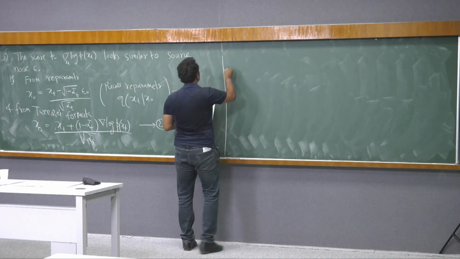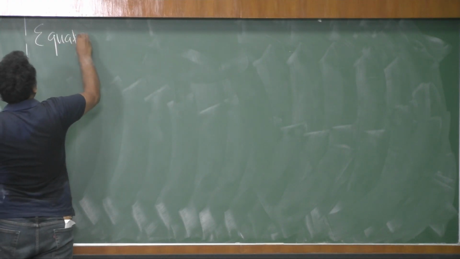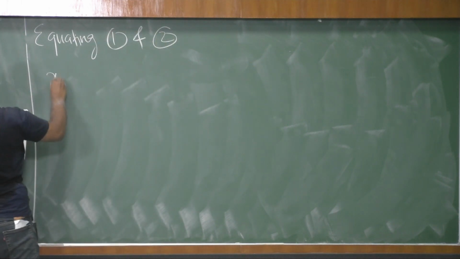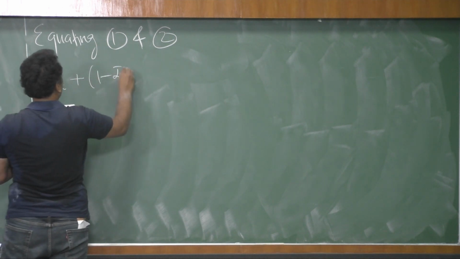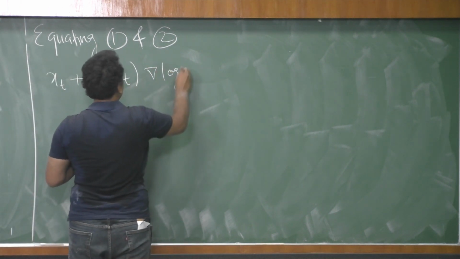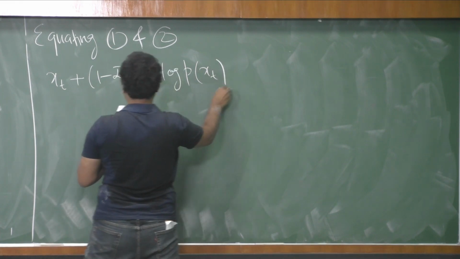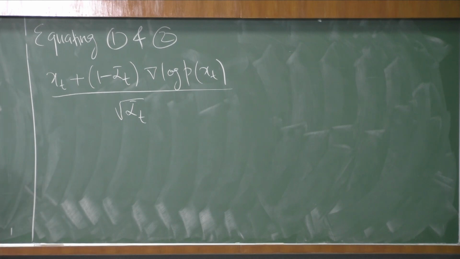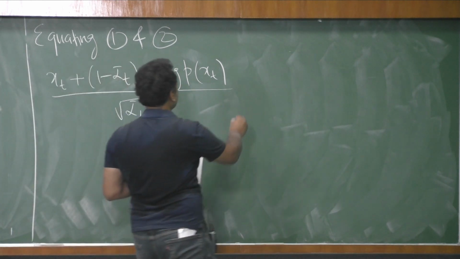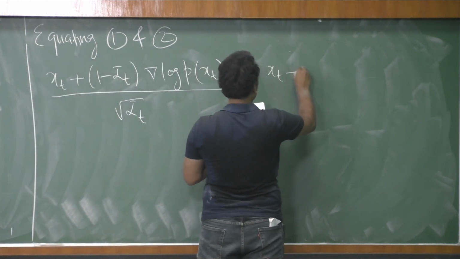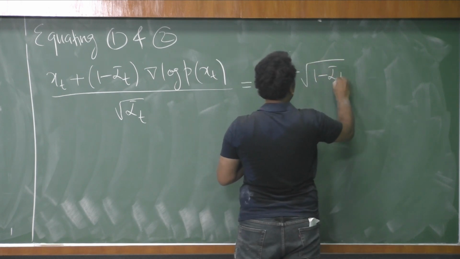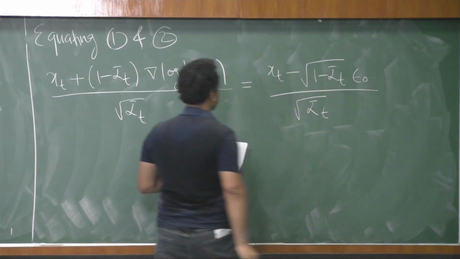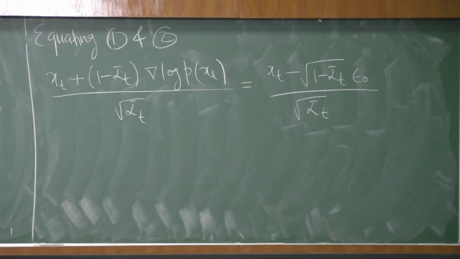So equating equations 1 and 2, we have xt plus... Recall that sometimes we put a subscript, sometimes we drop it. It's just a convenience. So this is equal to xt minus... Now with this equation we will solve.